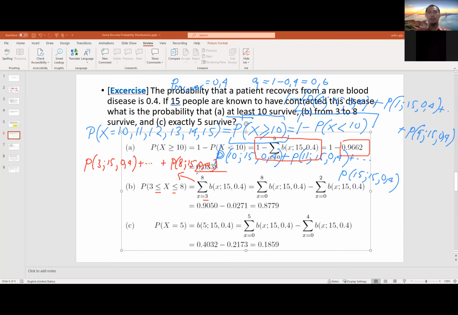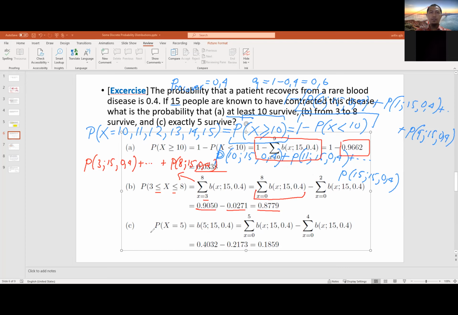But it is also similar to the computation of 0 to 8 minus 0 to 2. Something like that.